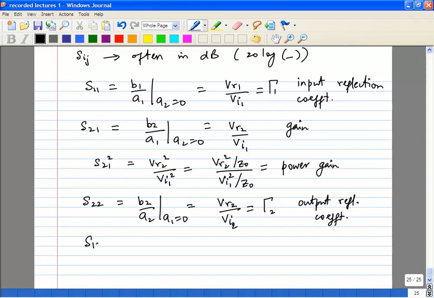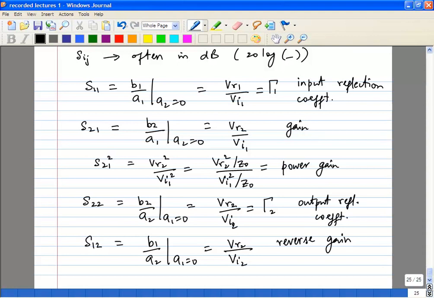Finally, S12 is B1 over A2 when A1 equals 0, which is you have a wave Vi2 incident at the second port and you have a reflection at the input port, and this is your reverse gain of your system.